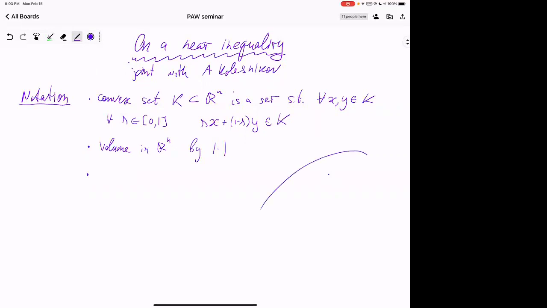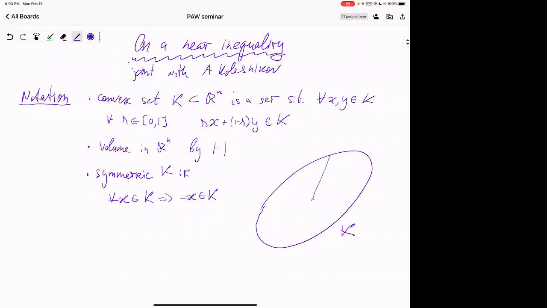If I have a convex set K, let me say that it is symmetric if whenever I have a point in K, minus x is also in K. So if x is in K, minus x necessarily has to be in K, right? So it's an origin symmetric set.